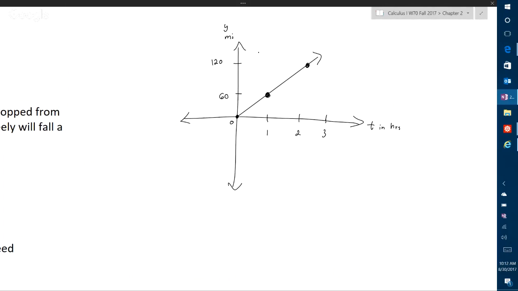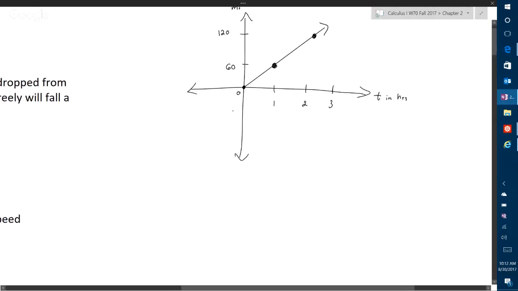Okay, so then I pose the question, what is my average speed over the first 2 hours of this trip? So the wording is important. I want to know, over the first 2 hours, what is my average speed?